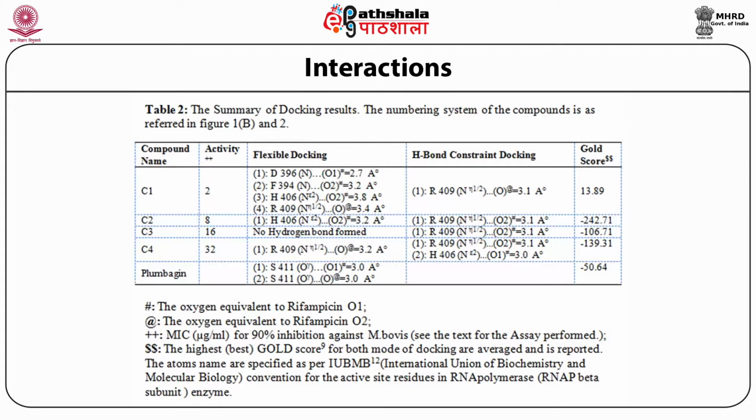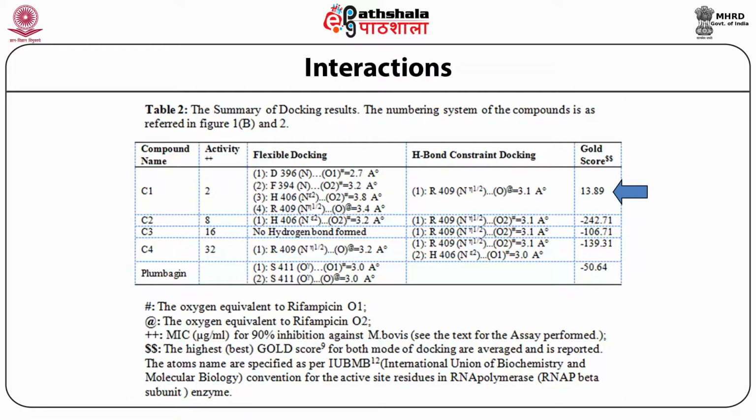It shows the actual interaction of each one of them. As you see on the GOLD score, the compound C1, which has the best activity, as we showed earlier, has -1389, which is the highest negative GOLD score. The best part is to look not only at the scoring value; we rely more on flexible docking, and once we did good flexible docking, many interactions were satisfied.